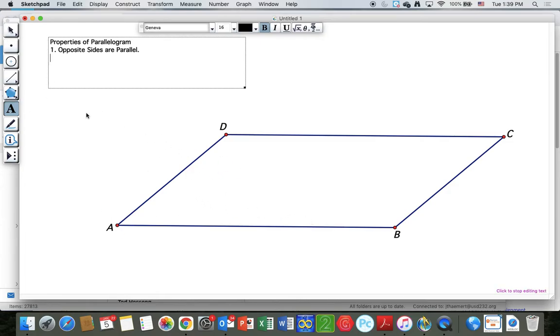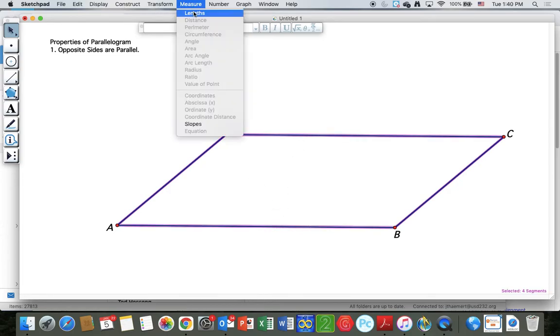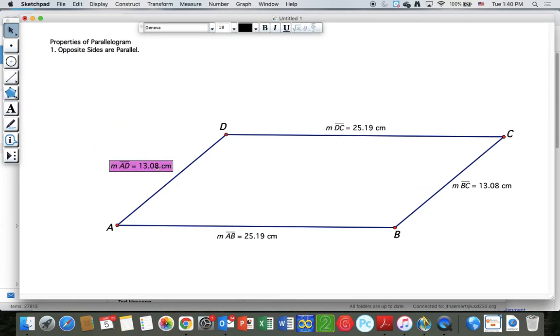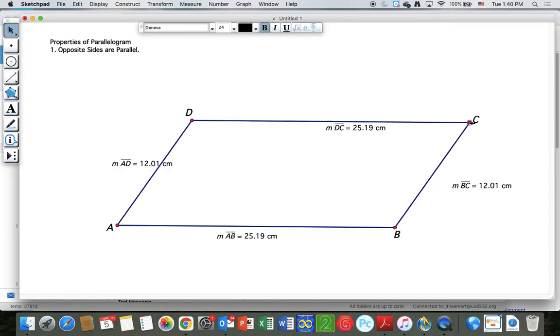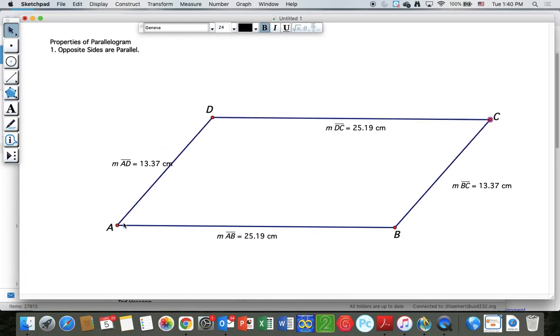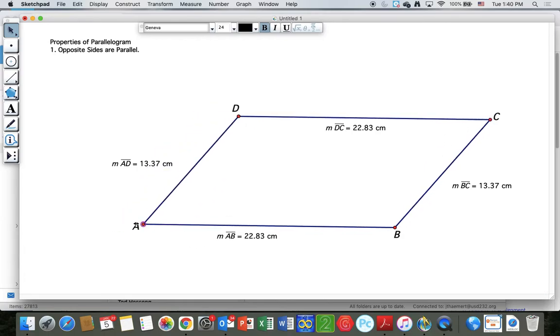So now here's the other property that's very interesting. Watch what happens when we measure the sides. Not only are the opposite sides parallel, but look at the opposite sides' measures. You can also see, no matter what I do, those sides stay congruent.